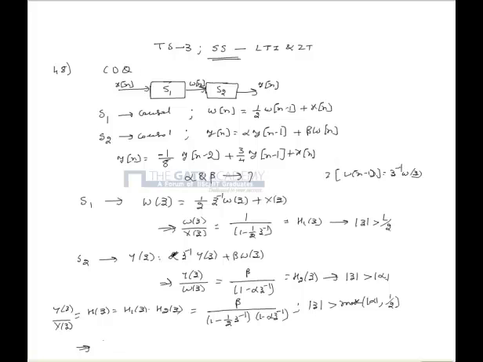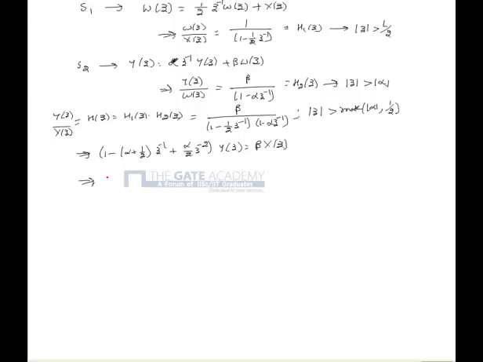So this becomes 1 minus alpha plus 1 by 2 z inverse plus alpha by 2 z power minus 2 multiplied by Y of z is equal to beta times X of z, which can be further simplified, after taking the inverse Z transform, as y of n minus alpha plus half y of n minus 1 plus alpha by 2 y of n minus 2 is equal to beta times x of n.